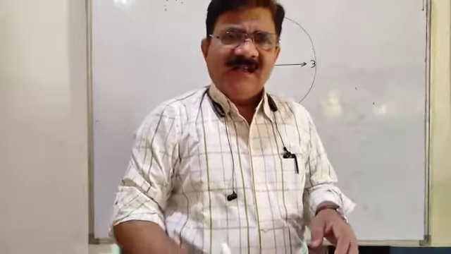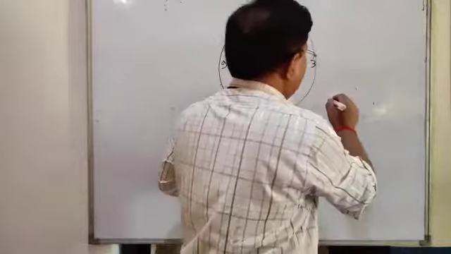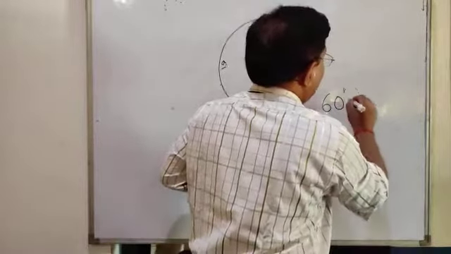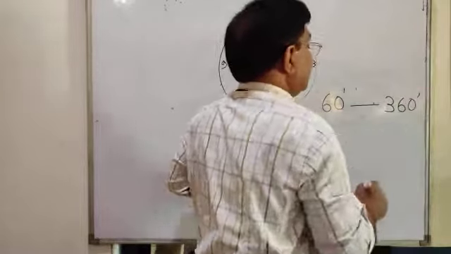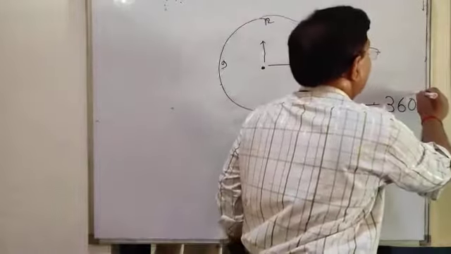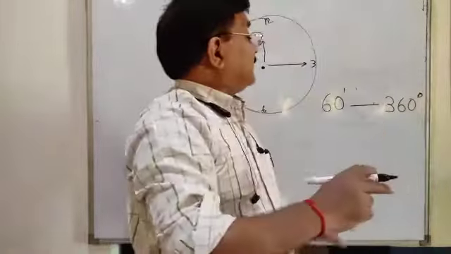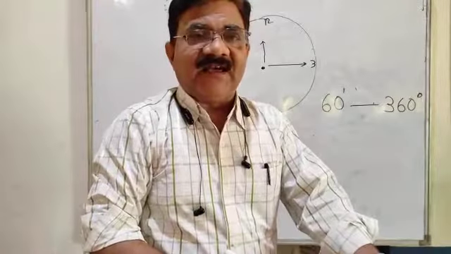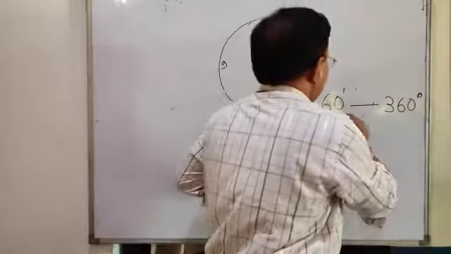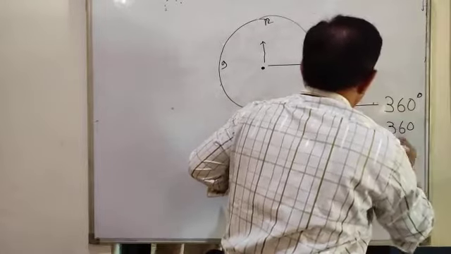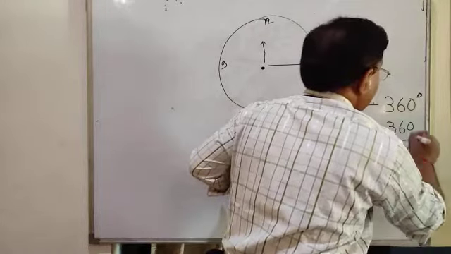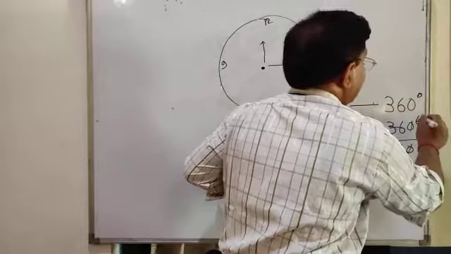15 minutes. Now in 60 minutes, the angle made is 360 degrees. In 1 minute, the angle formed will be 360 by 60, that is 6 degrees.